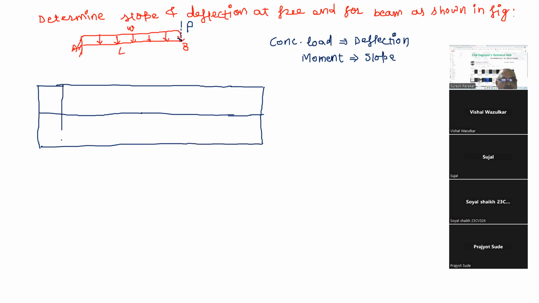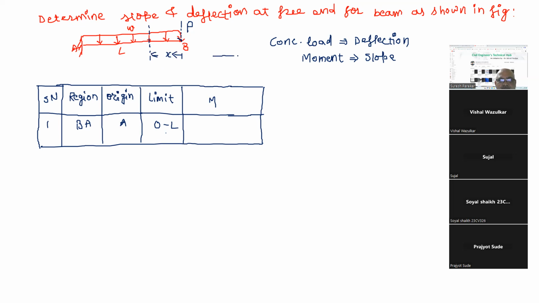So we have serial number 1, region BA, origin A, limit 0 to L, M. Now we have to consider X over here and consider only that portion.